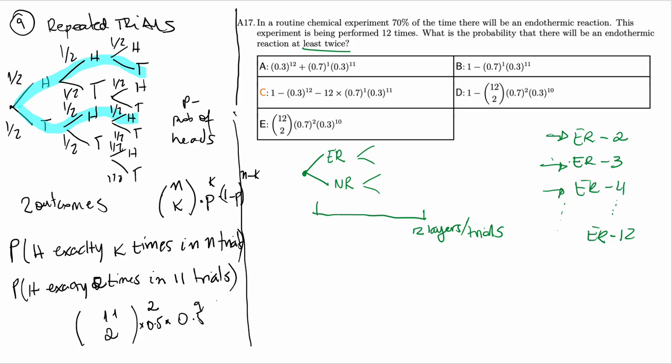So you would have 10 different terms of this binomial form, right?